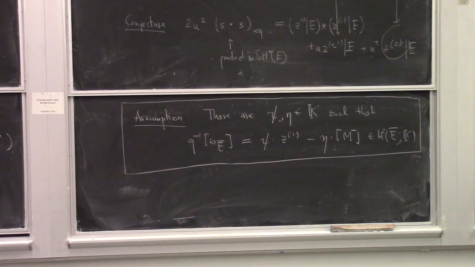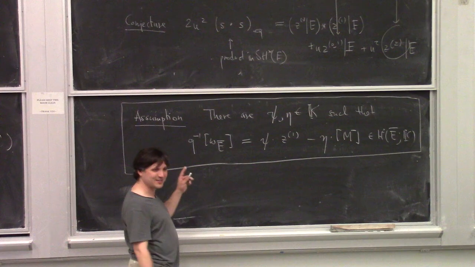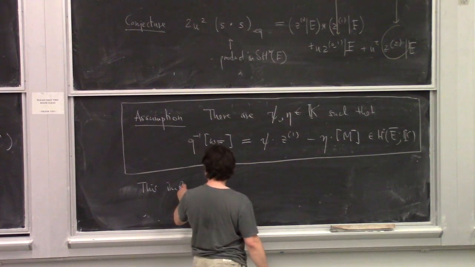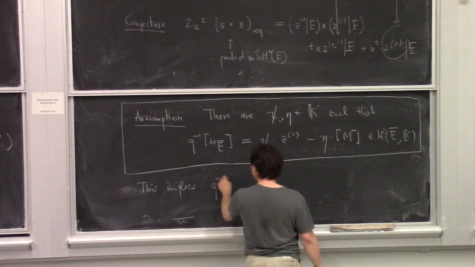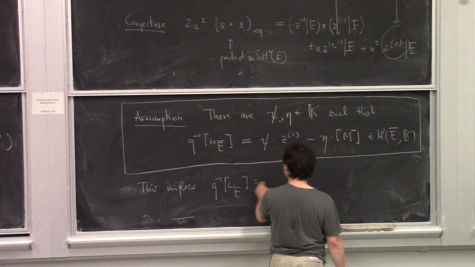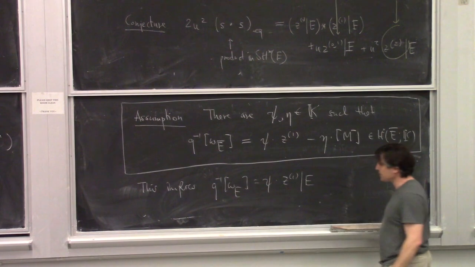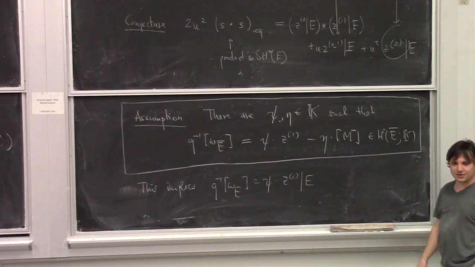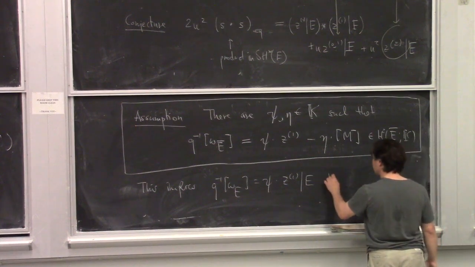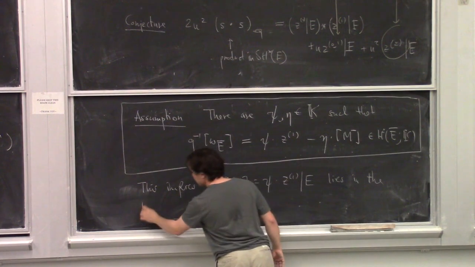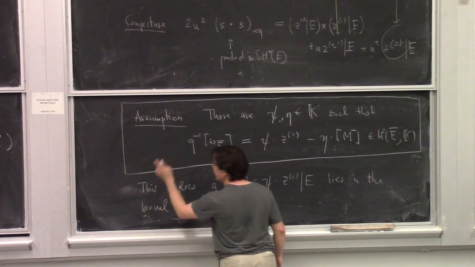What is this guy? What's going on? Okay, so, well, the first thing to say is, why am I putting this guy in? Okay, so this implies that if I look at this guy here, right, this is psi times z1 restricted to E, just by restricting the formula to E. So it lies in the kernel of the acceleration, right, because of the lemma.